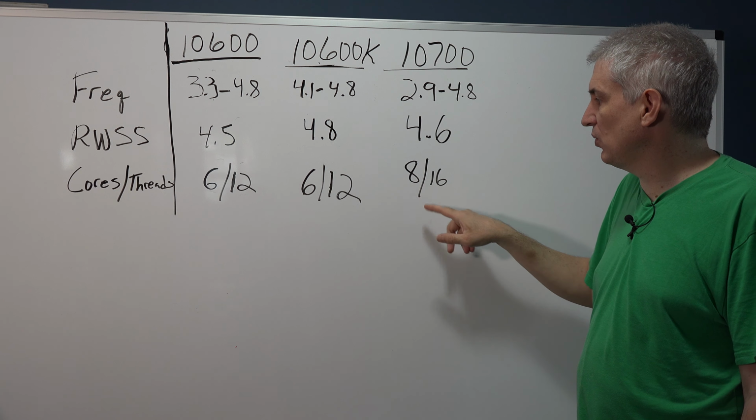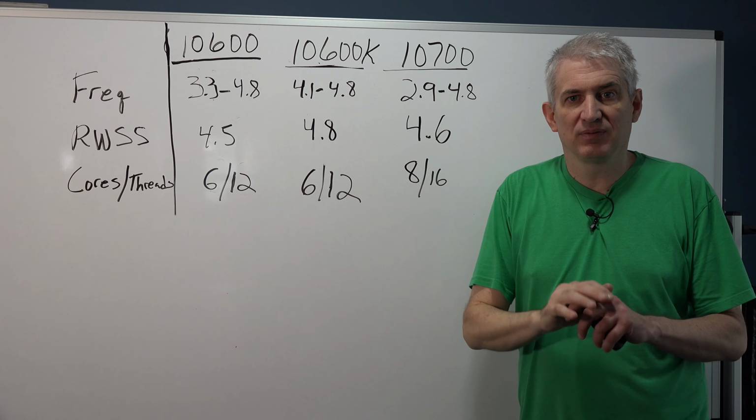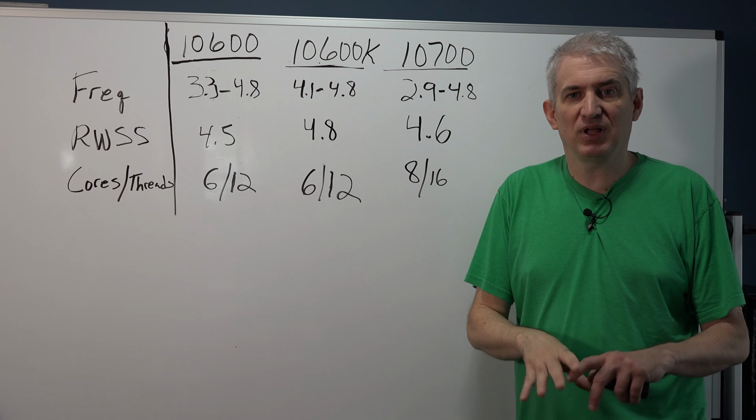Now this particular chip has a 2.9 to 4.8 frequency range, and what we saw as real world sustained speed, 100% load or running X-Plane all day, was 4.6. And the reason for not seeing 4.8 is that it doesn't have a K on the end. It's not unlocked. So there's no way to enable multi-core enhancement or enhanced turbo on it.